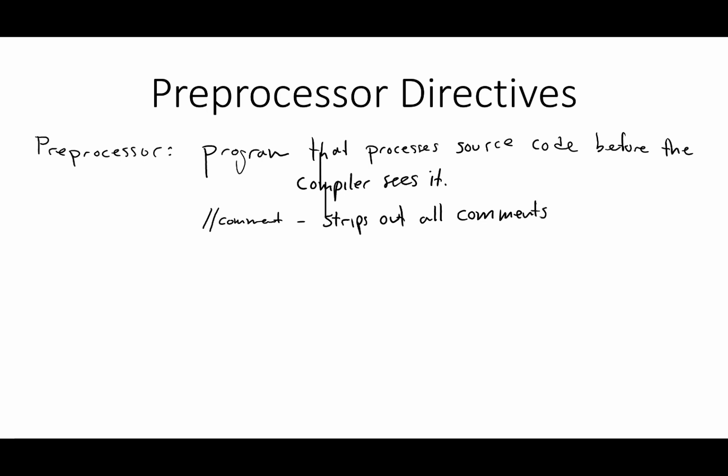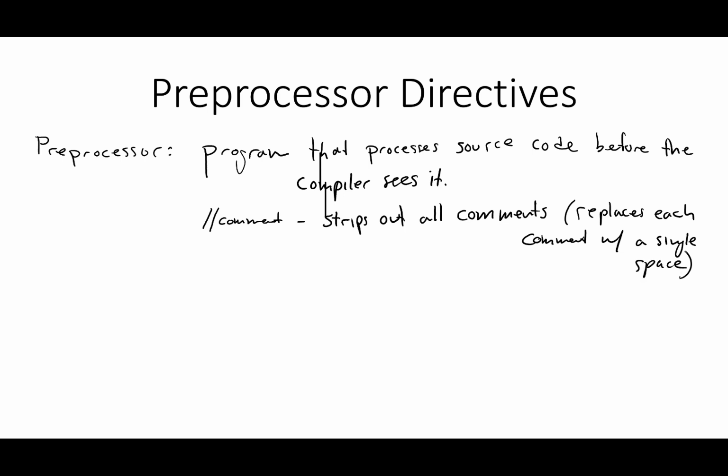This is why we can have comments in our source code and it will still compile, because they're taken out before the compiler gets your code. After these comments are stripped out, the preprocessor replaces each comment with a single space.